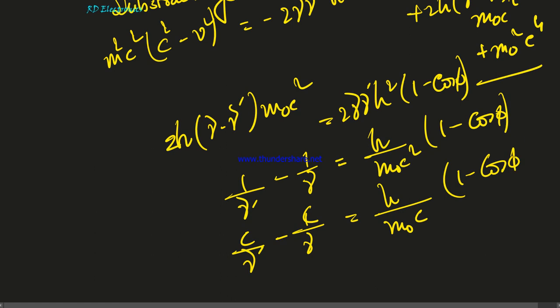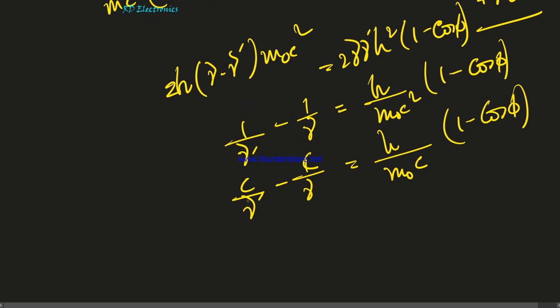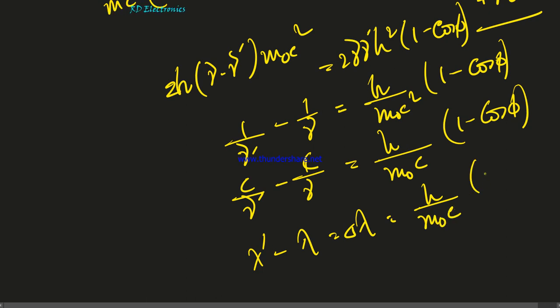So c by nu dash minus c by nu is basically lambda dash minus lambda. This is called delta lambda, the Compton shift in wavelength, which equals h by m0 c (1 minus cos phi). So this is very important. This delta lambda is also known as the Compton equation. In the Compton equation, the increase in wavelength, or Compton shift delta lambda, is independent of the wavelength of the incident radiation as well as the nature of the scattering substance, but it depends on the angle of scattering, that is phi.